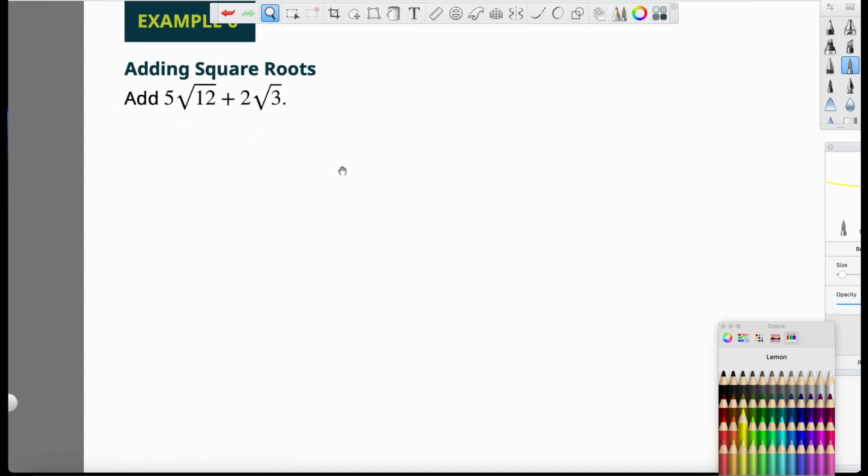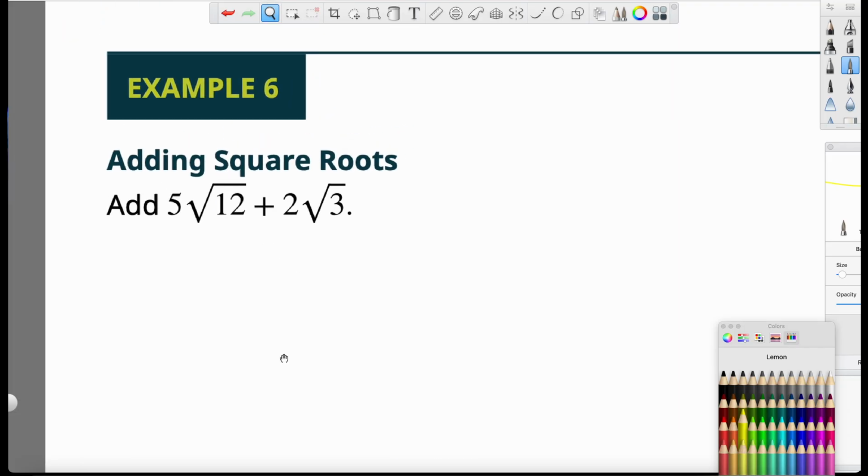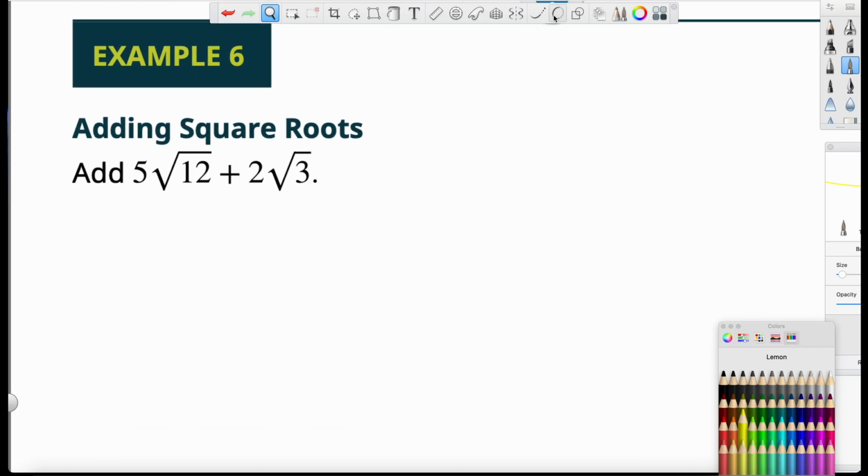Moving on. Adding square roots. It's really important whenever we add square roots that the radical and the radicand have to be the same. So the number underneath the radical has to be the same.